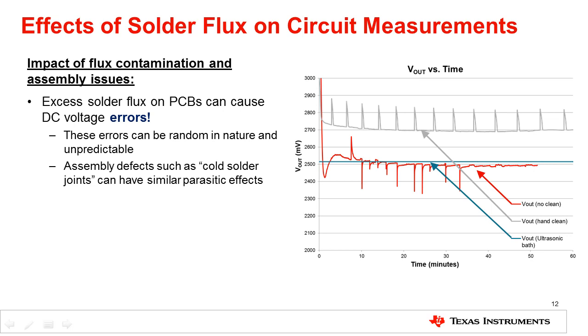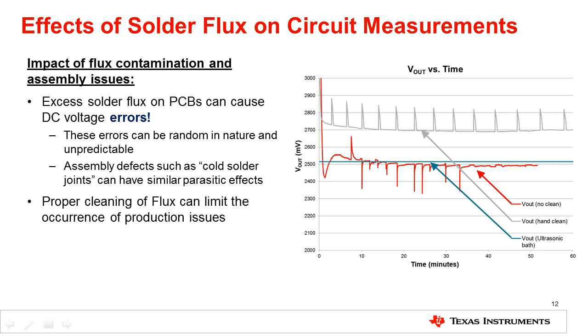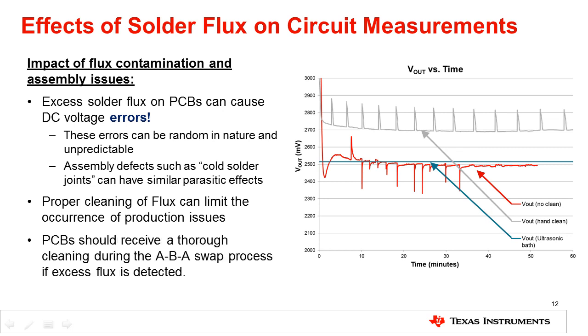However, use of an ultrasonic bath to remove excess flux resulted in a smooth signal centered around approximately 2.5 volts. From the graph, it's easy to see how proper cleaning can limit the occurrence of production issues caused by contamination such as flux or assembly issues such as cold solder joints. PCBs should receive a thorough cleaning during the ABA swap process if excess flux is detected.